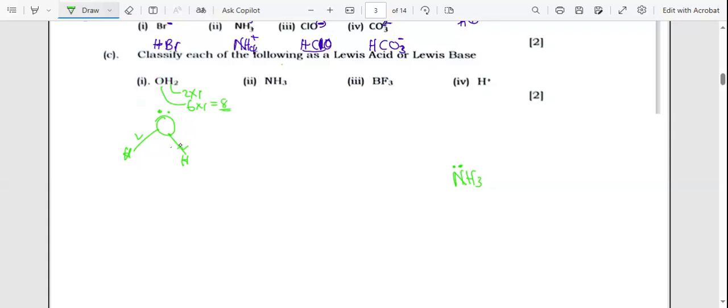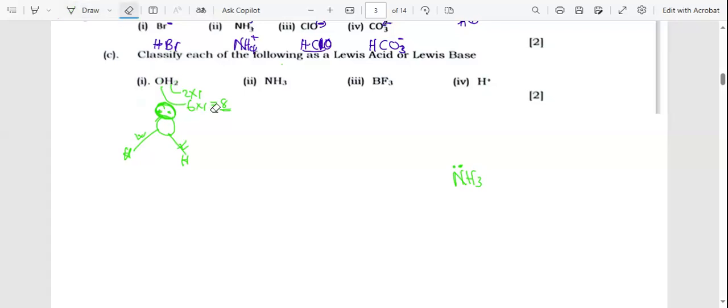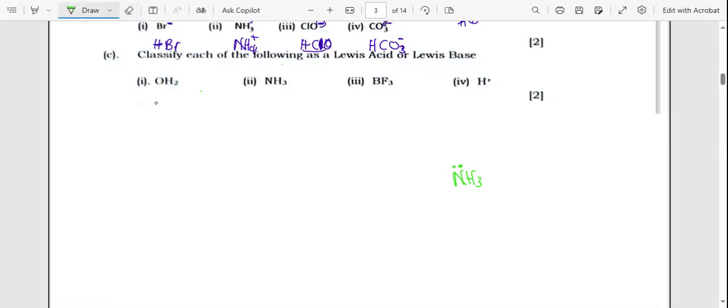Okay, so it means we have used the 2 electrons there, and 4 electrons remaining will sit there, if I'm not mistaken. But the presence of these lone pairs is the one which should tell you that this is a base. So in short, water is a Lewis base.